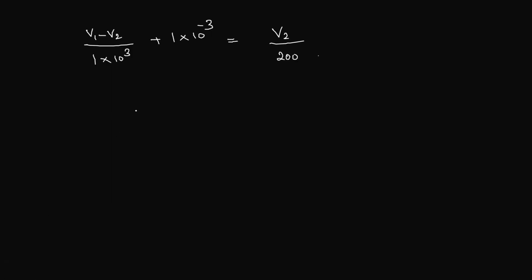Taking the common denominator as 1 into 10 power 3, it is V1 minus V2 plus 1 into 10 power 3 into 1 into 10 power minus 3.